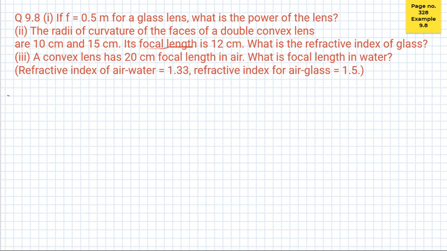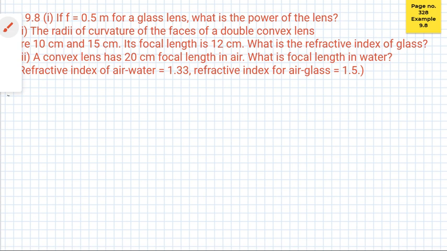Its focal length is 12 centimeter. What is the refractive index of glass? And the third part: a convex lens has 20 centimeter focal length in air. What is the focal length in water? The hints given are: refractive index of air to water is 1.33, and refractive index of air to glass is 1.5. Okay, so let's solve our first question.